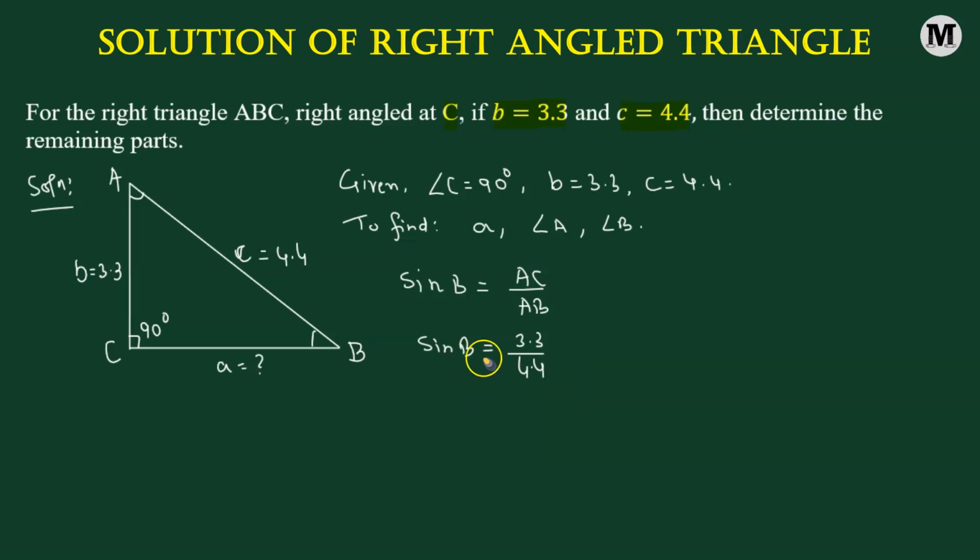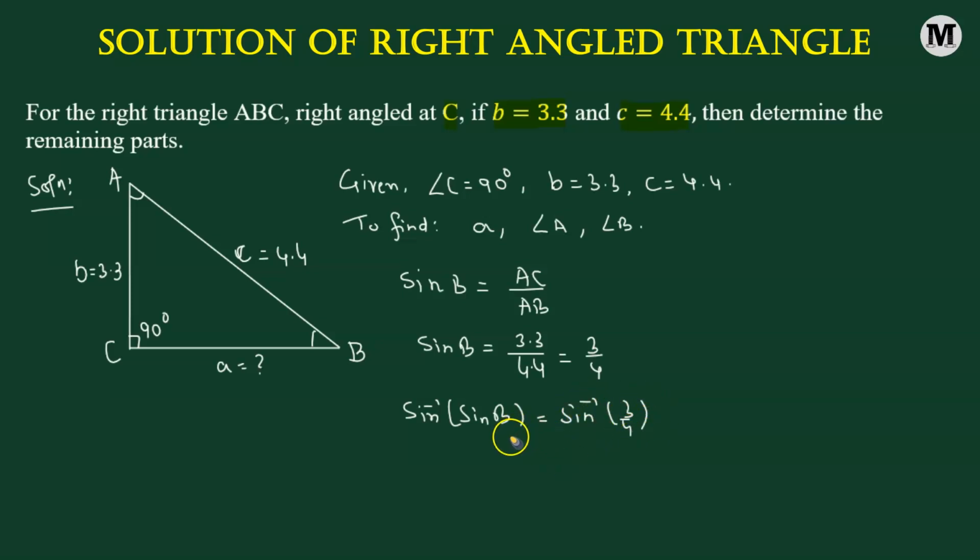So here we have sine B given by 3.3 over 4.4, or you can simply say this is going to be 3 over 4. Now to find out the measure of B, we're going to take the inverse sine function of both sides. That means sine inverse of sine of angle B is going to be equal to sine inverse of 3 over 4.